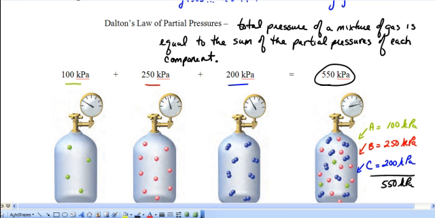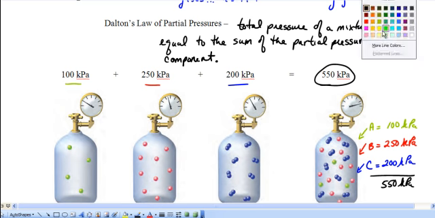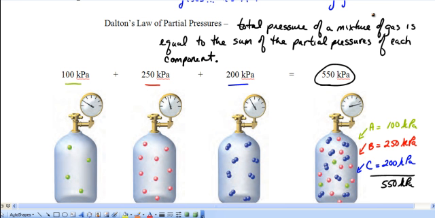So what you can do is you can measure the total pressure. If you know various pressures of other gases, you can solve for the pressure of an unknown gas. For example, let's change this to, let's go with orange, since we're not using orange right now. Let's say that we measure a total pressure of 800 atmospheres.